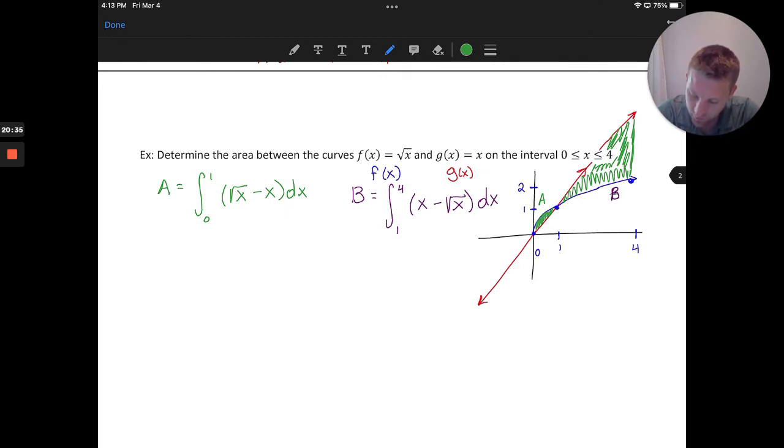We're going to have really x raised to the 1/2 here for that square root. So we can still use our power rule for this integral. We'll have x raised to the 3/2 power, and then divide by 3/2, minus x squared divided by 2.